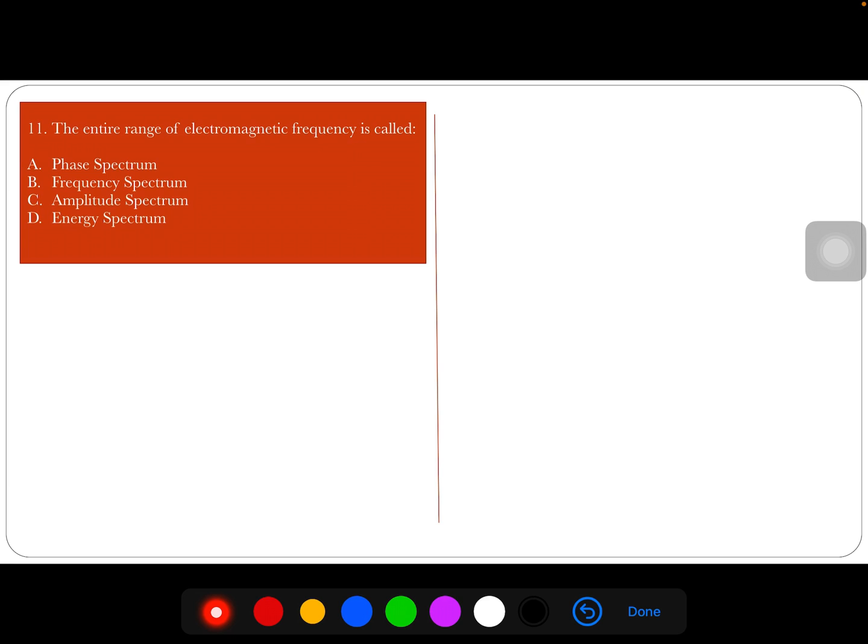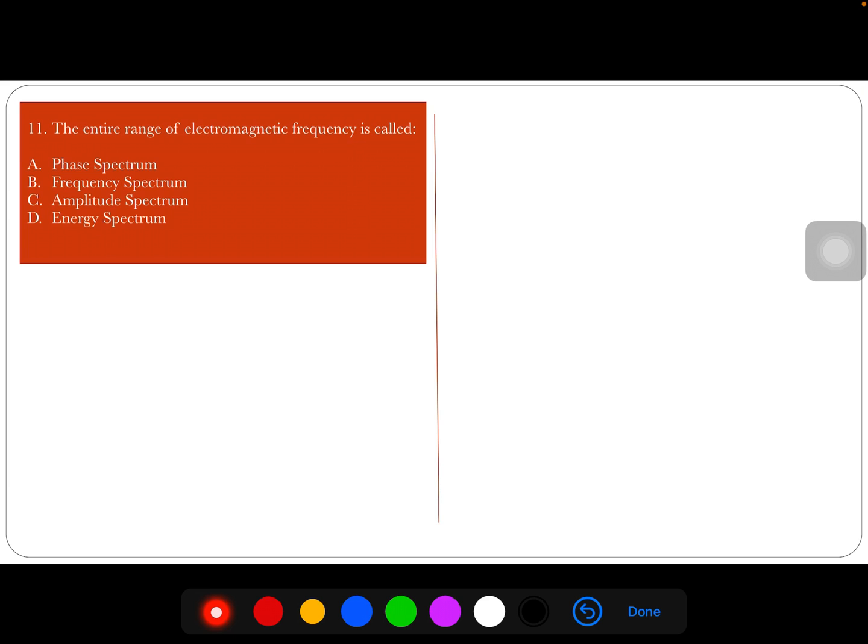Next question, the entire range of electromagnetic frequency is called? See, there is a range of frequencies for the electromagnetic waves, starting from a very low frequency to a very high frequency, and the whole range is called spectrum, and that too electromagnetic spectrum.